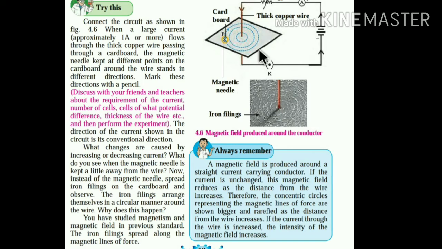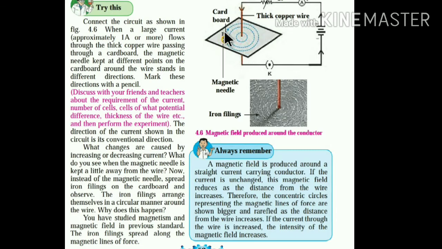So by this experiment, when current is passing through this current carrying conductor, as we saw in the last activity, this current carrying conductor acts as a magnet. Hence, let us see the magnetic field.